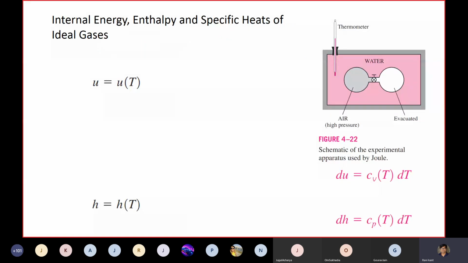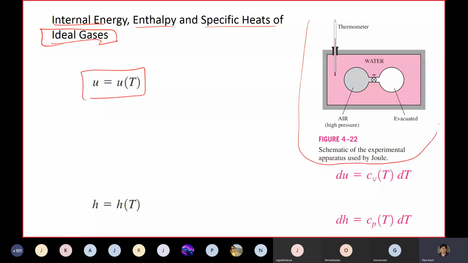Okay, in this slide, we should talk about the internal energy, enthalpy, and specific heat of ideal gases. Exclusively for ideal gases, we will talk about this in this particular slide. It was seen from an experiment by Joule, in, I think, 1700 or 1800.